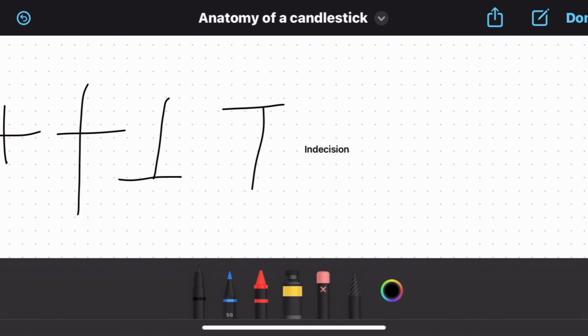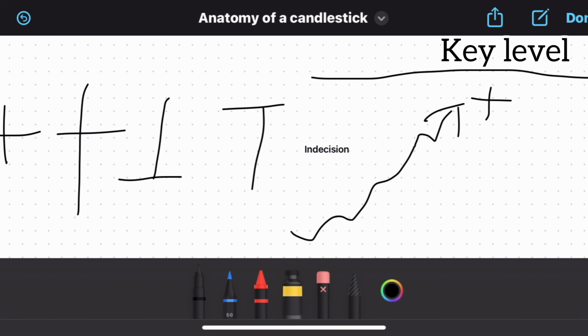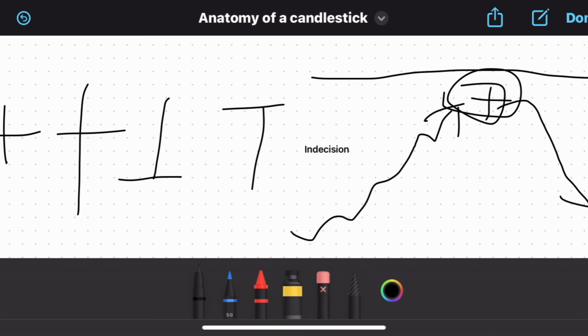Very soon we'll be moving on the charts, but if you see the market trending upward, and then you find a doji candlestick at a key level, whether it is a resistance level, there's a high probability that the market will go back down because of this doji candlestick here. But more on that later.